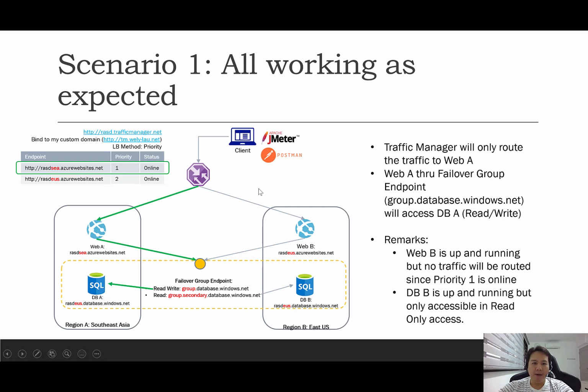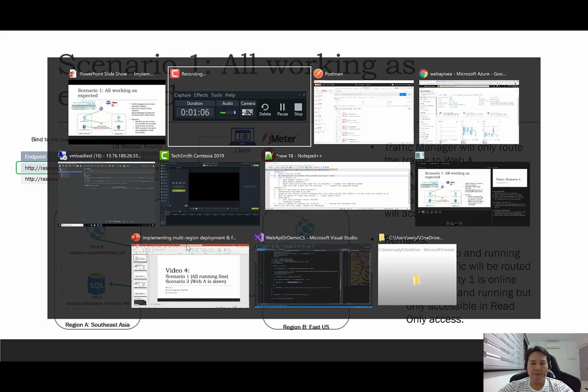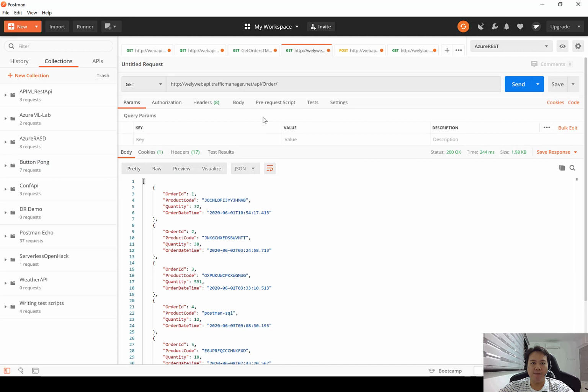So let's show the demo of how we achieve this. I'm going to use the Postman tool which we have discussed earlier. First, I can hit the traffic manager endpoint here. I'm going to click send. Once I hit send, I'm receiving a list of JSON results.